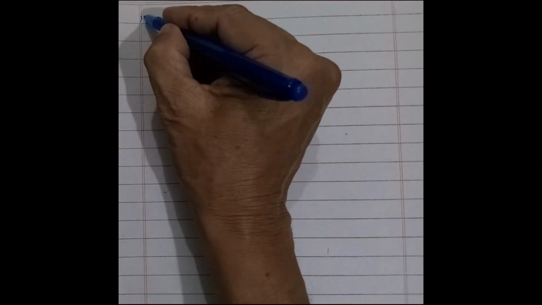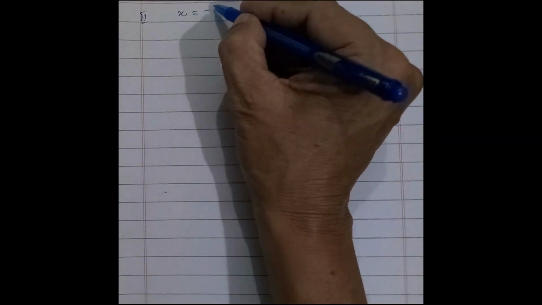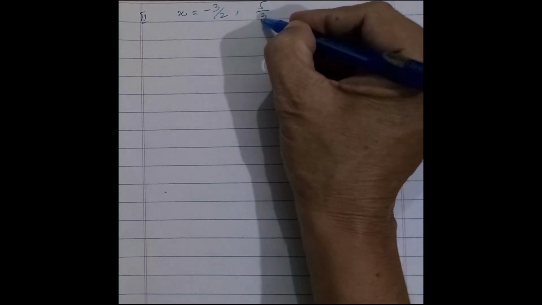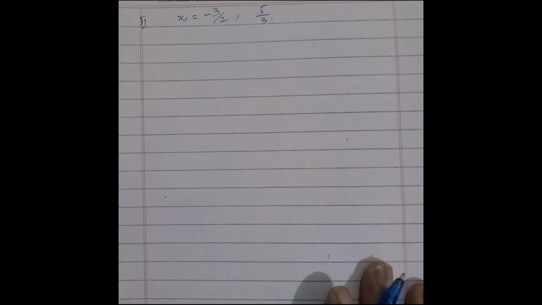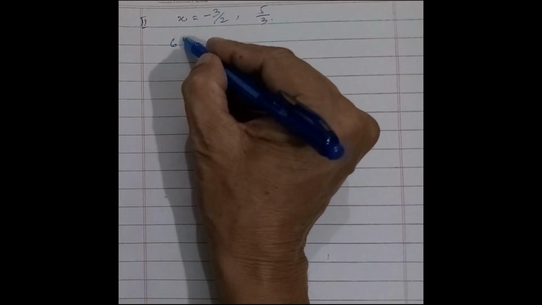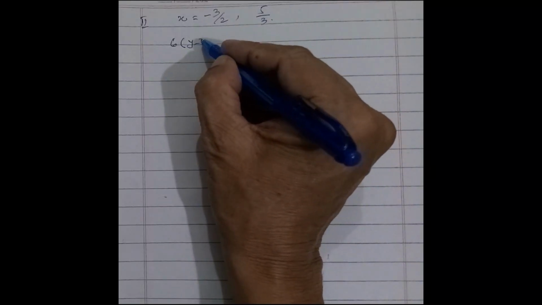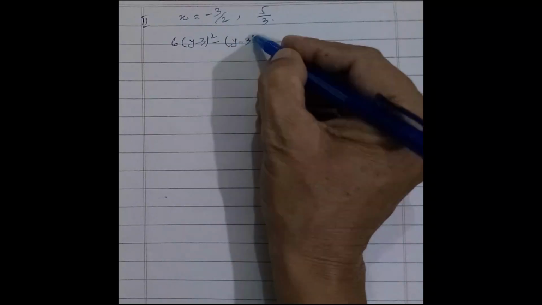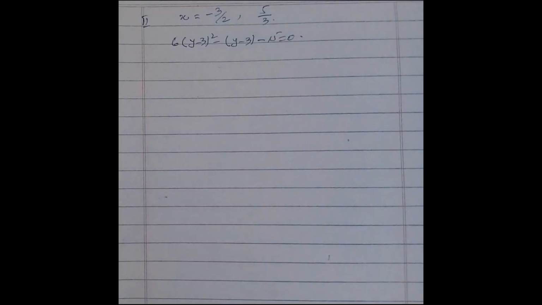In part 1, we have the value of x is equal to minus 3 over 2 and 5 over 3. So for part 2, the question is 6 (y minus 3) whole square minus (y minus 3) minus 15 is equal to 0.